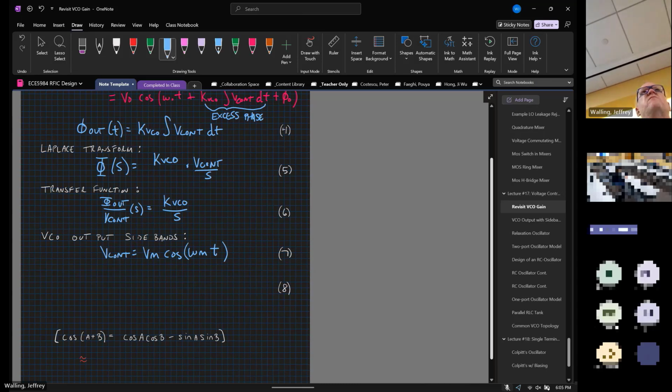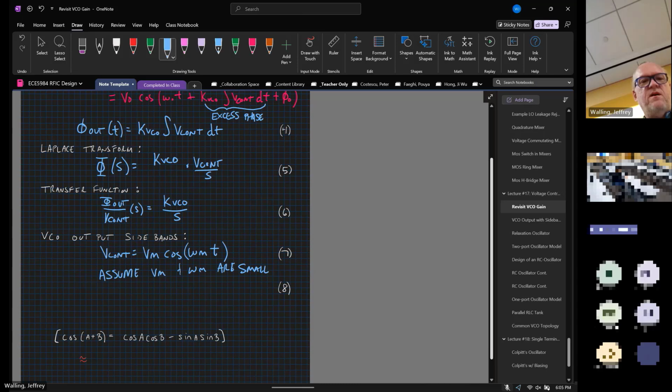So we add some sine wave on the control voltage. And we'll assume that Vm and omega m are small, at least relative to the amplitude of the VCO and the frequency of the VCO. This is just a small modulating tone that we're going to put on top of the VCO.